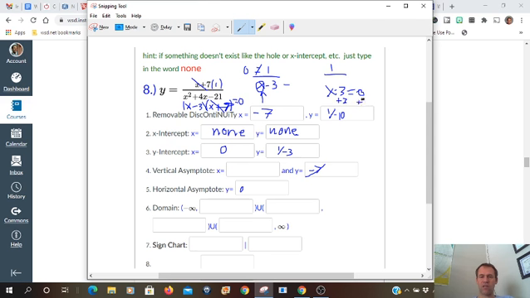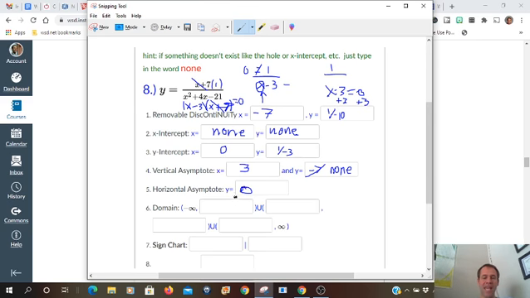You can look at the graph on this. It was going to be -7, but that became the hole, so we put none there. You can put none here and 3 here, and it'll accept it both ways. The horizontal asymptote, again, is just 0.